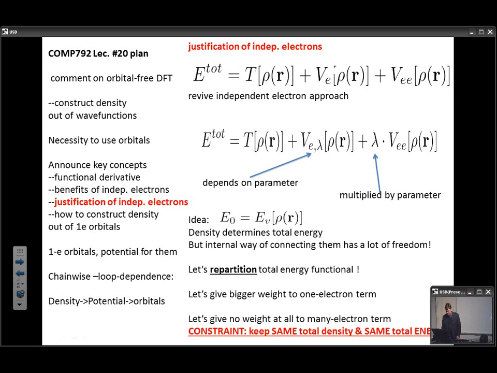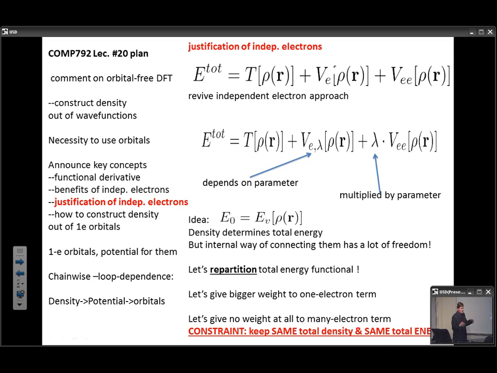And let me show the trick that Kohn-Sham did in order to achieve this situation when electrons are effectively non-interacting. So this is not reality. This is a trick.